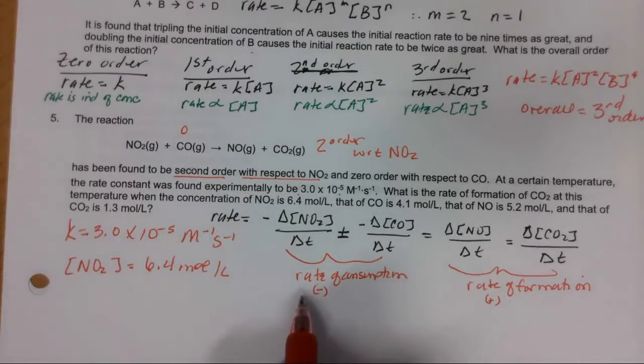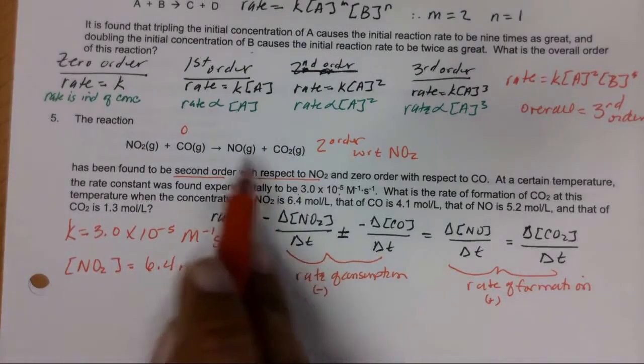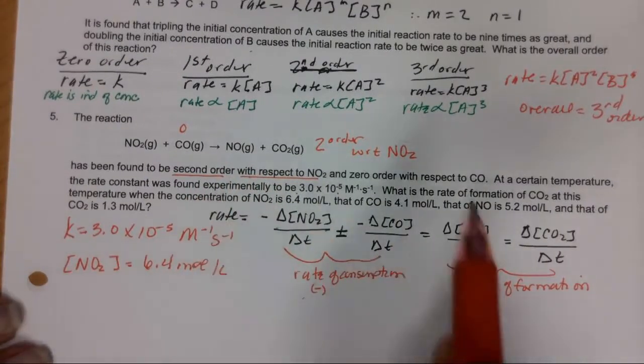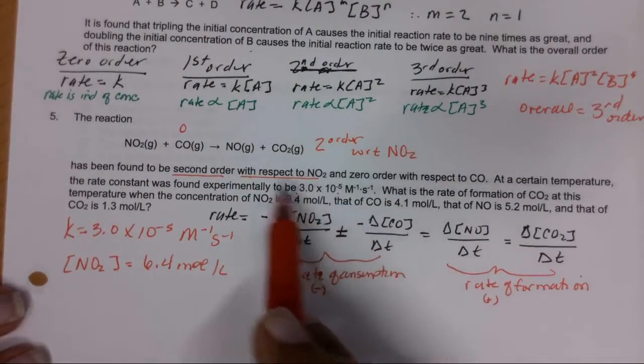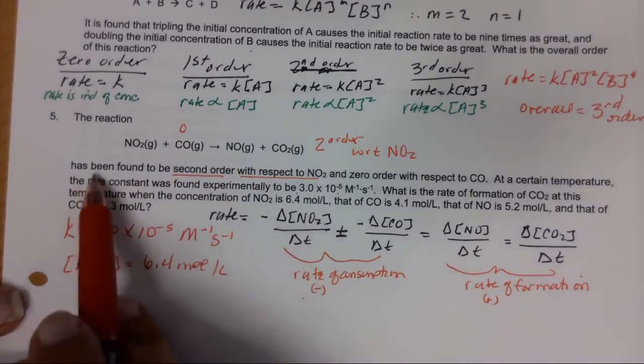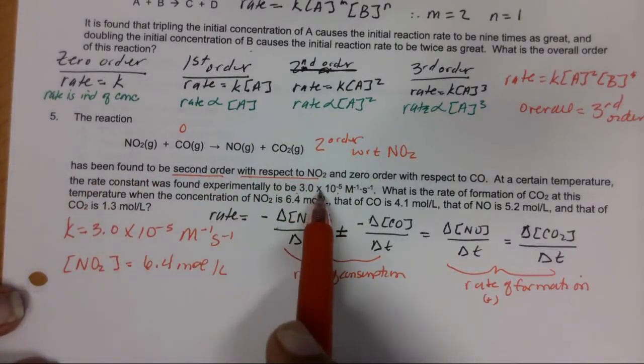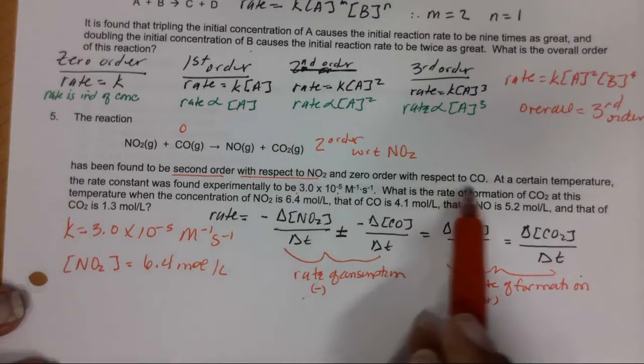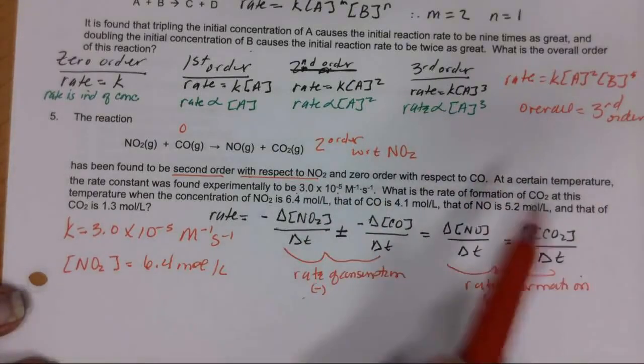Now if we think about the rate of formation, we only really need to be concerned with the concentration of NO2 because the rest of these were zero order. What we were told is that we have a second order with respect to NO2 and a zero order with respect to CO. So we don't care about CO, we only care about CO2.